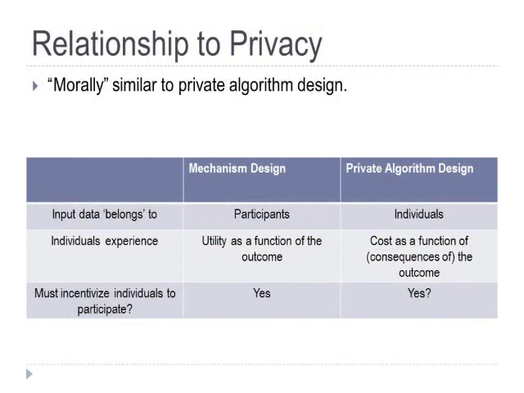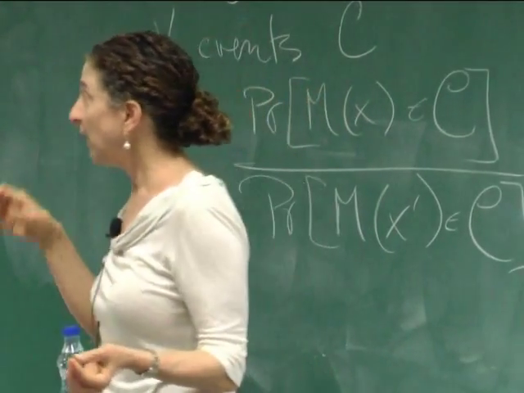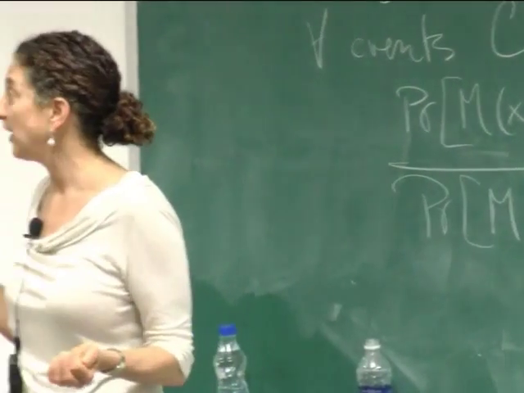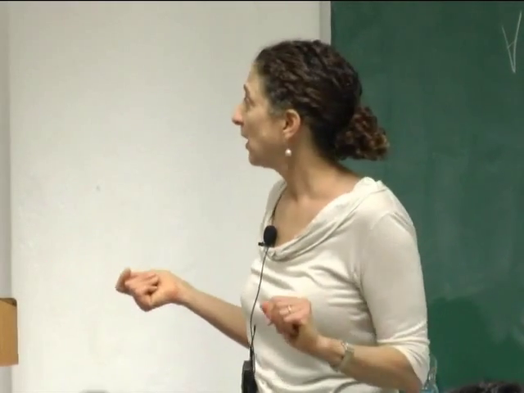So you can make a relationship to privacy that looks as follows. When you're designing an auction, the input data belongs to the people who are taking part in the auction, the ones who are placing bids. In private algorithm design, the input data belong to the people in your database, right?